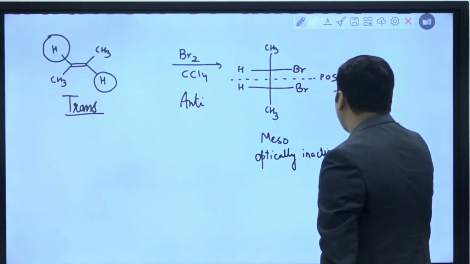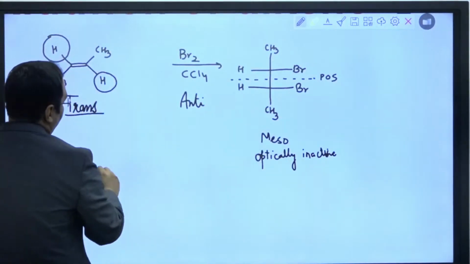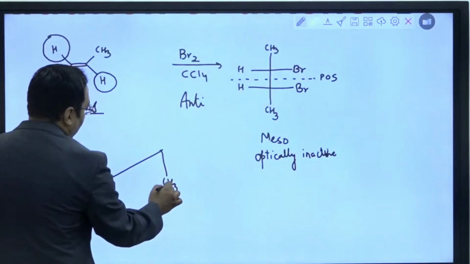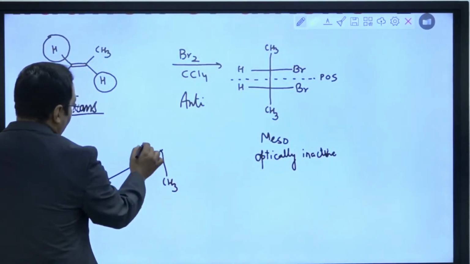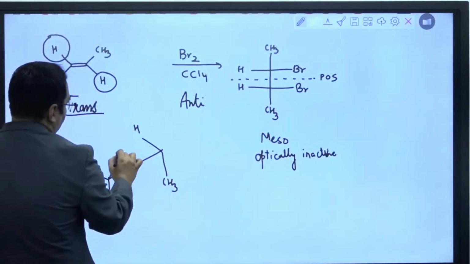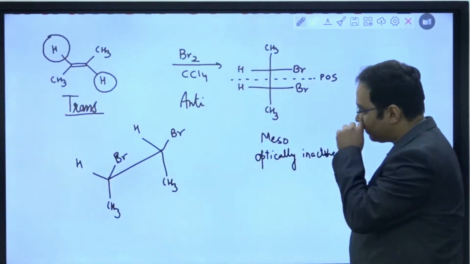Dig deeper and try to understand that the structure which is drawn, if I just open it up in Fischer projection, can I say both the CH3 will be down and H one side and Br other side? Check करो ये picture, समझ में आती है आपको?